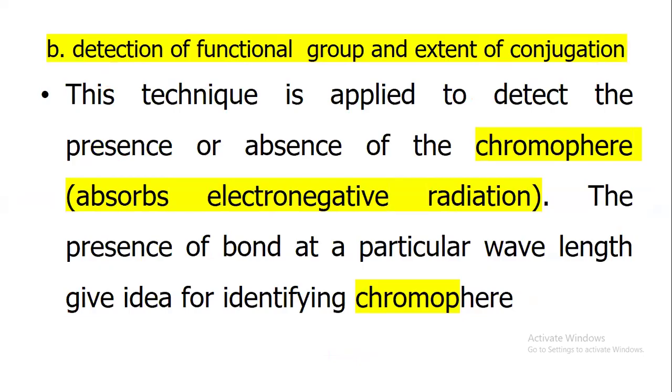Detection of functional group and extent of conjugation. This technique is applied to detect the presence or absence of chromophore, which absorbs electromagnetic radiation. The presence of a band at a particular wavelength gives an idea for identifying the chromophore.